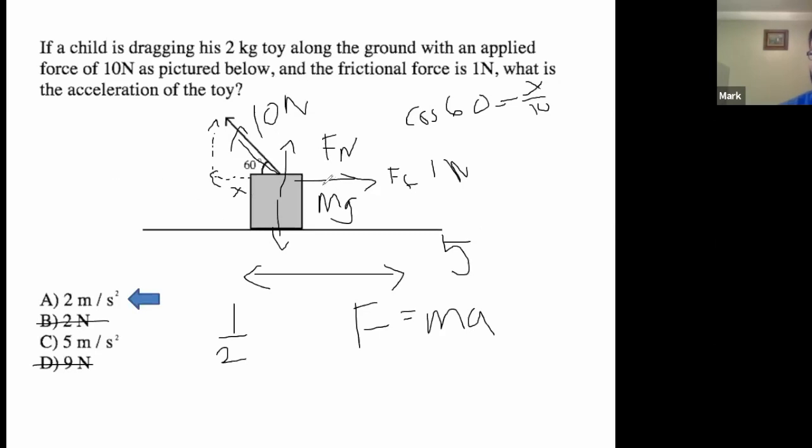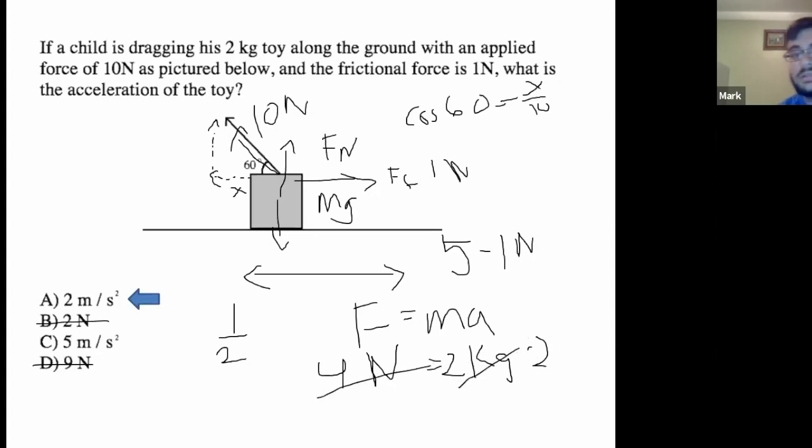The only other force in this left and right axis is friction, which is 1 newton in the opposite direction. So you subtract: 5 newtons minus 1 newton, and you get a total of 4 newtons equals m, which we know is 2 kilograms, times a, which is also 2, because 4 divided by 2 is 2, and A is the correct answer.